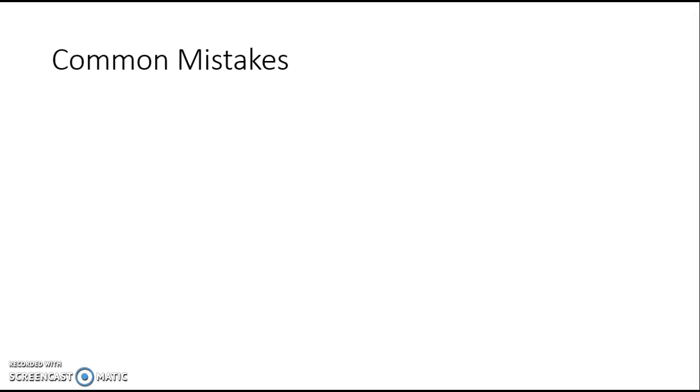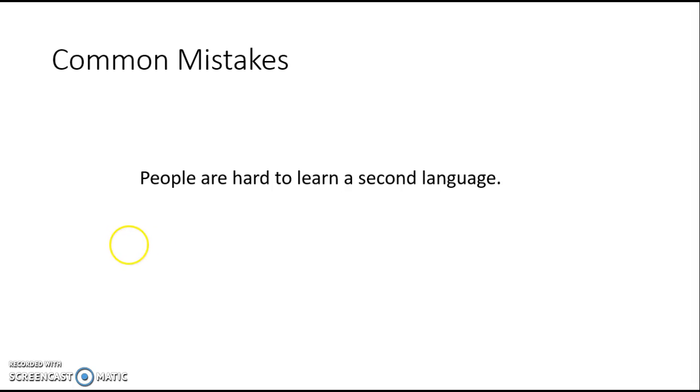Let's take a look at some common mistakes. This is probably the most common mistake with infinitives as subjects. This sentence right here: people are hard to learn a second language. This sentence is confusing. We don't know if people is the subject or the infinitive to learn a second language is the subject.